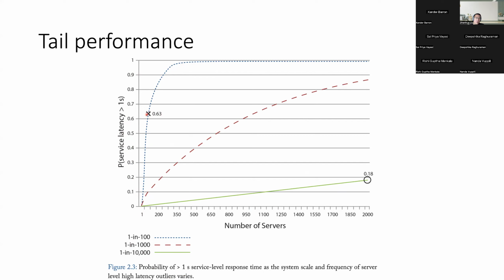You don't need a lot of servers in parallel to get to 63% of the time having very large latency, which means you effectively have a failure. And this is probably just 50 servers, which is a small level of parallelization.